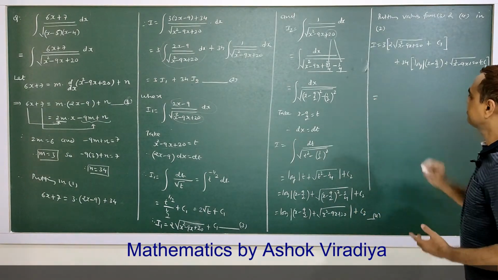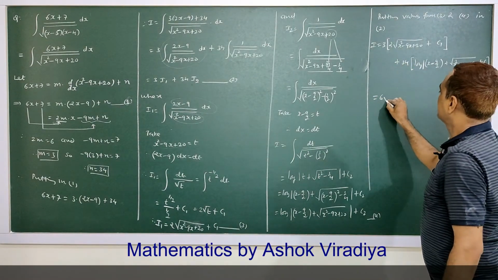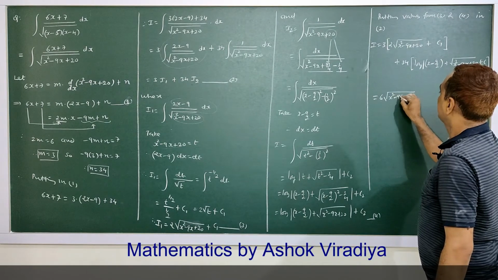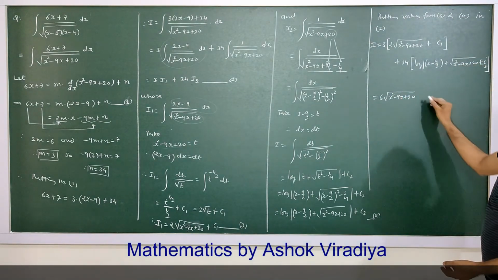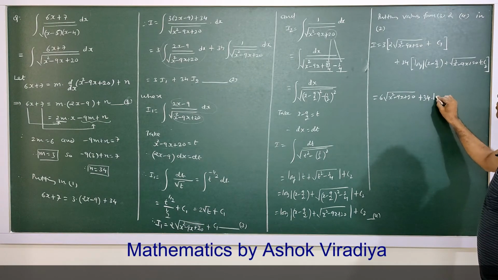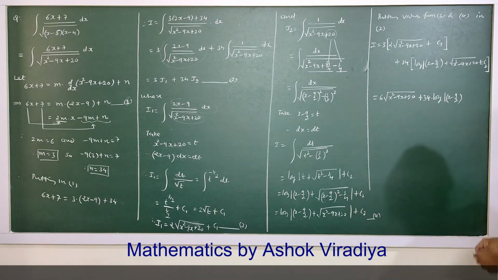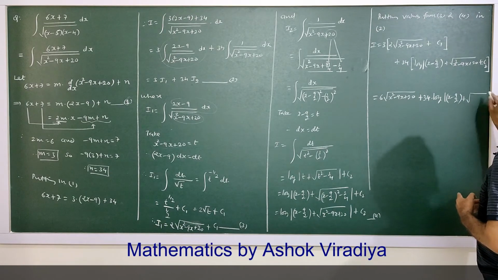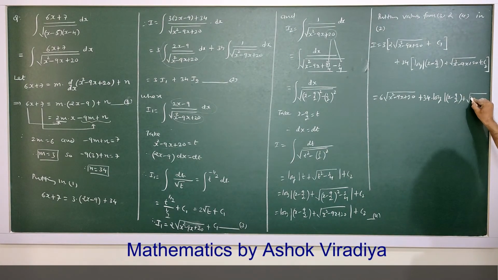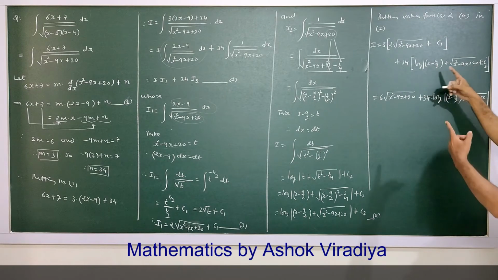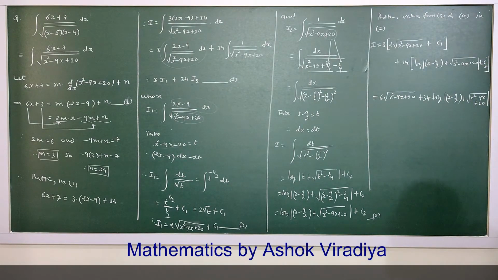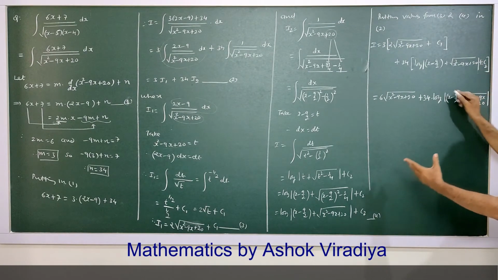So it is equal to 3 into 2, 6 root x square minus 9x plus 20, plus 34 into log mod of x minus 9 by 2 plus root x square minus 9x plus 20, the modulus of this number.